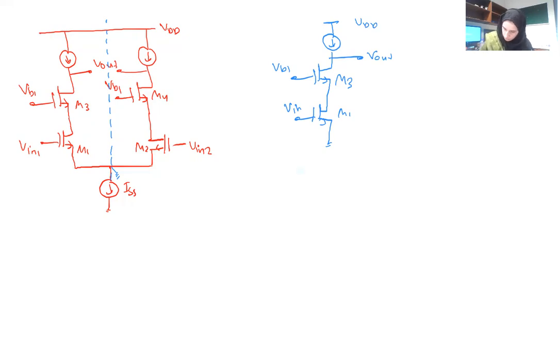So now what is the gain? The gain, it looks like a cascode amplifier. So the gain is just minus GM1 times what? Times the output impedance that we see. So what do we see here? If we look up, we see an infinite impedance because it looks like an ideal current source.